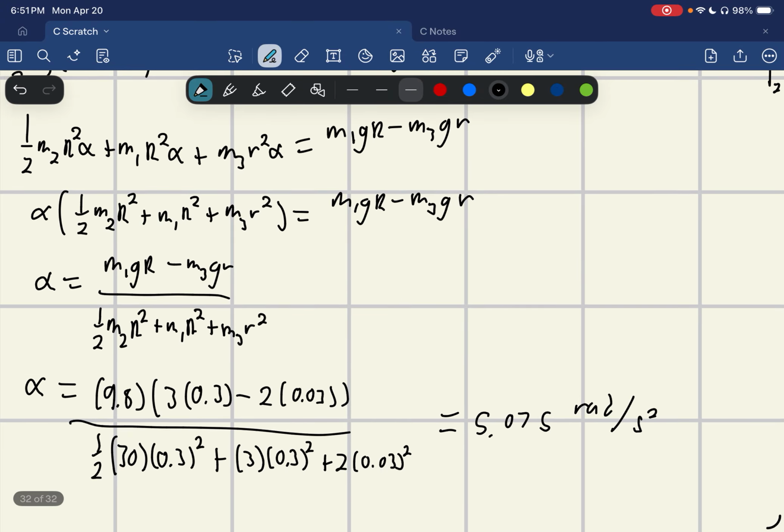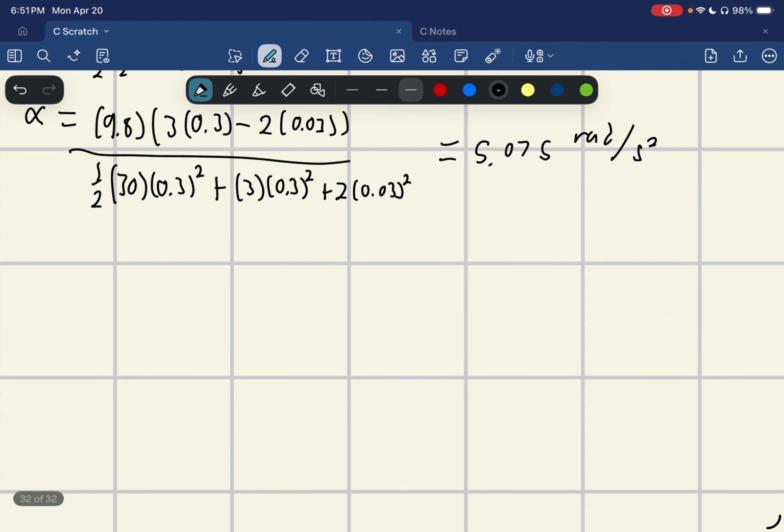Okay. Part F. Part F asks to find the magnitude of the new linear acceleration of M1, and we're basically using the same process as part C. So we know that a linear acceleration is equal to r alpha, but in this case, we are going to use big R because M1 is that distance away from the axis of rotation.